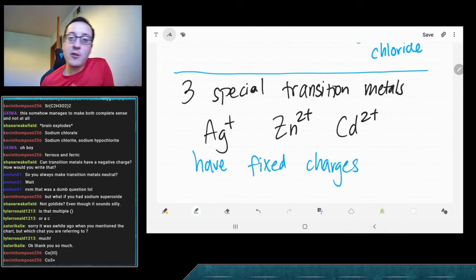So unlike the rest of the transition metals, like iron or cobalt, which could have a whole bunch of different charges depending on what they're reacting with, silver, zinc, and cadmium do not ever change their charge. So silver will always be +1, zinc will always be +2, and cadmium will also always be +2.